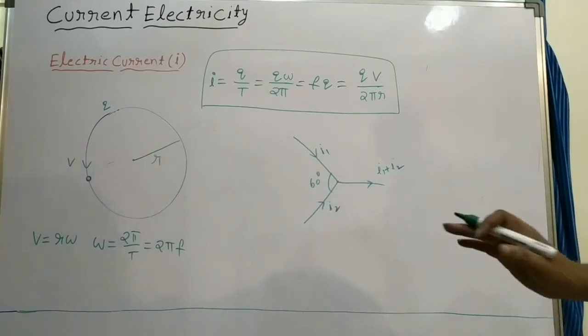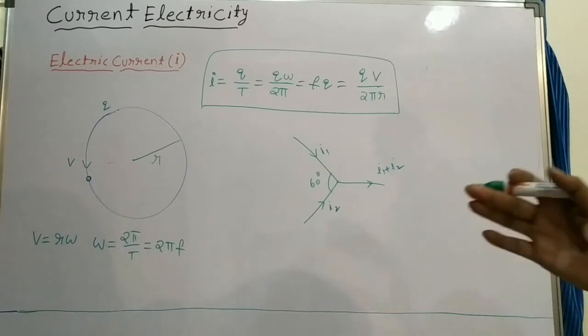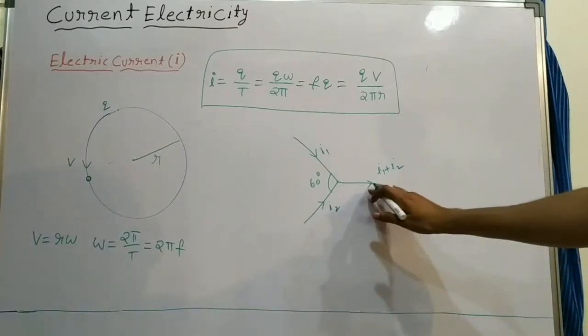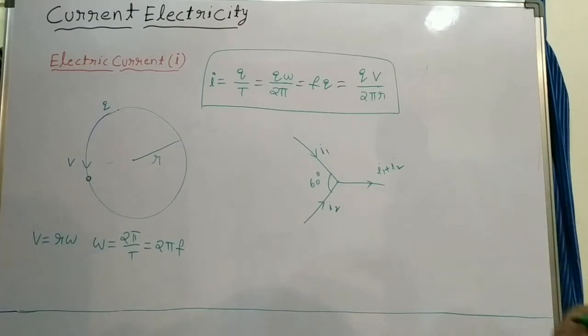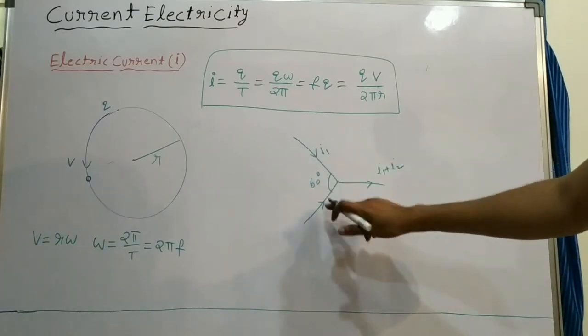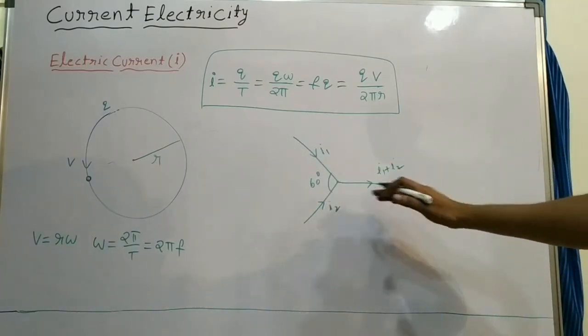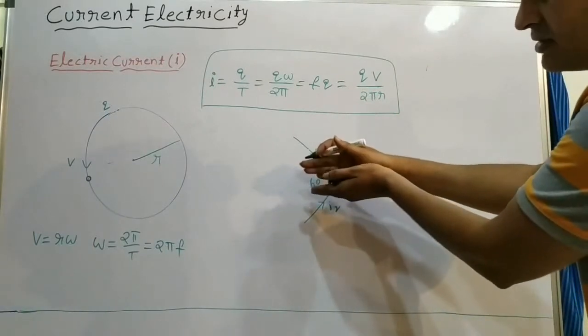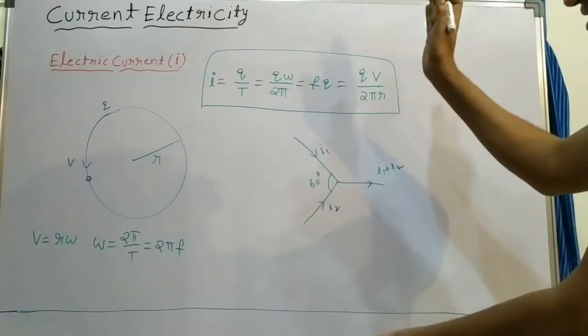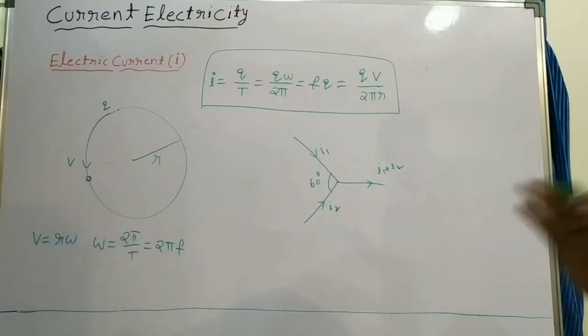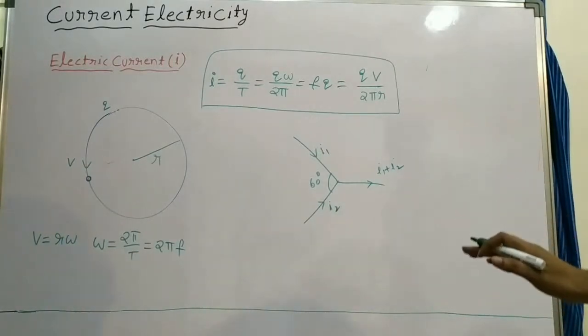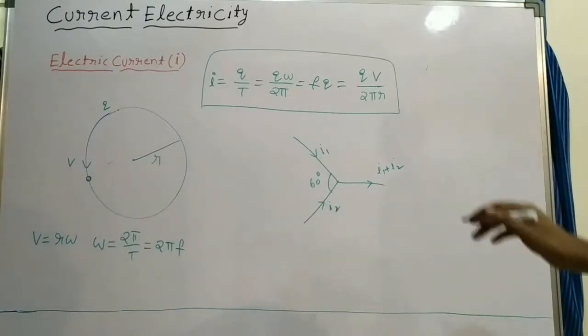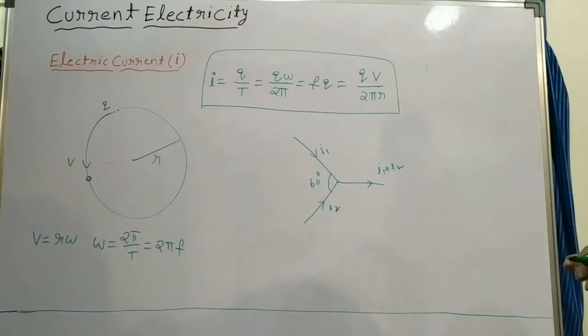So it is not changing, but for vectors the resultant depends upon the angle of inclination and must change. Here it is not changing like that. Here 2 amperes, here 3 amperes means this must be 5 amperes. You can decrease the angle to 30 degrees or 40 degrees or make it 90 degrees, and this value is not changing. So it is not following the vector addition property. That's why current, even though it has magnitude and direction, is not a vector quantity, it is a scalar quantity.